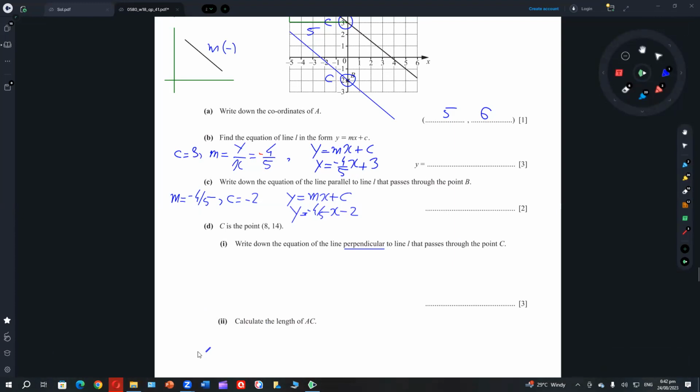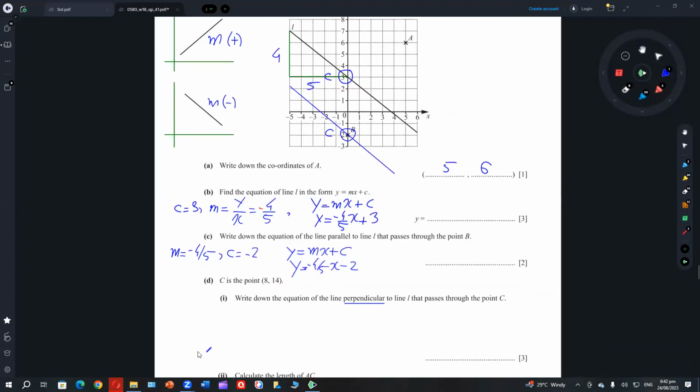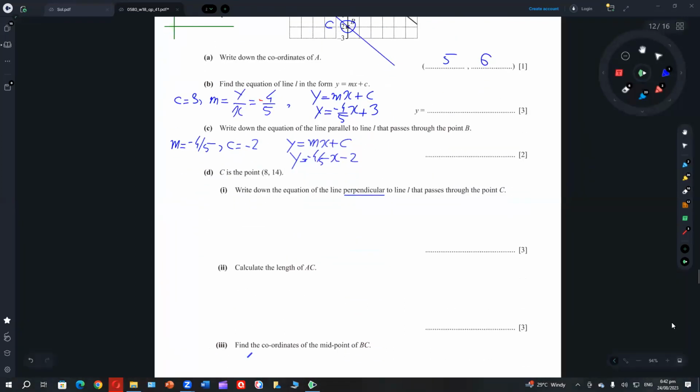When a line is perpendicular to the line L, its gradient will be minus 1 upon m. So first we work out the gradient. First, you should remember that the gradient will be, look, what is the gradient of the line L? It's minus 4 upon 5.